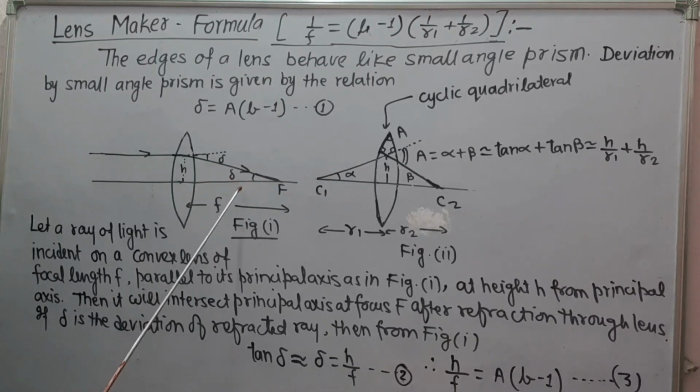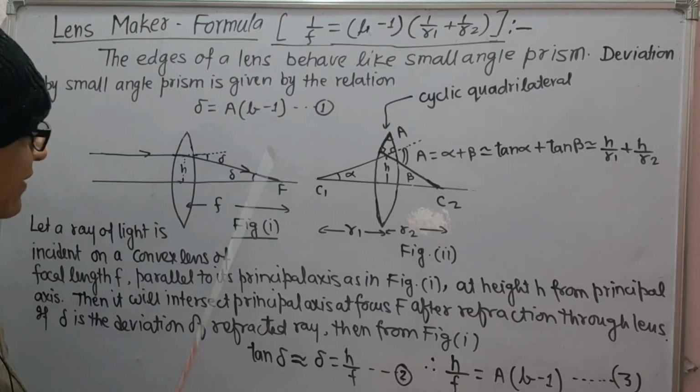Now, in this triangle, tan delta will be equal to h upon f, perpendicular upon base, and if delta is very small, then tan delta can be written as delta. Therefore, tan delta is equal to delta is equal to h by f for a small angle, because for a small angle tan theta is nearly equal to theta.